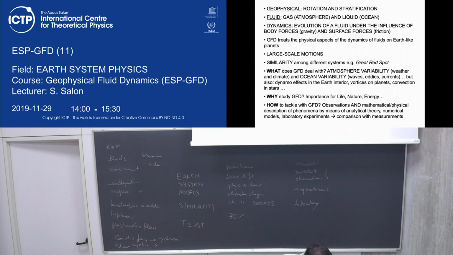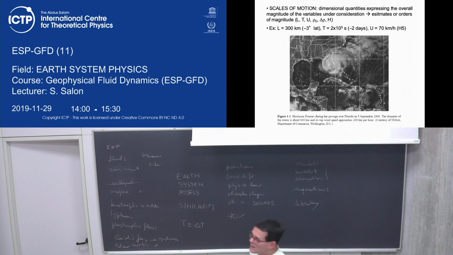So we talk about scale, we talk about large-scale motion. The first very important definition that we must deal with is the scales of motion. So you already have seen something about that. Maybe the ones who study meteorology already saw something about that?